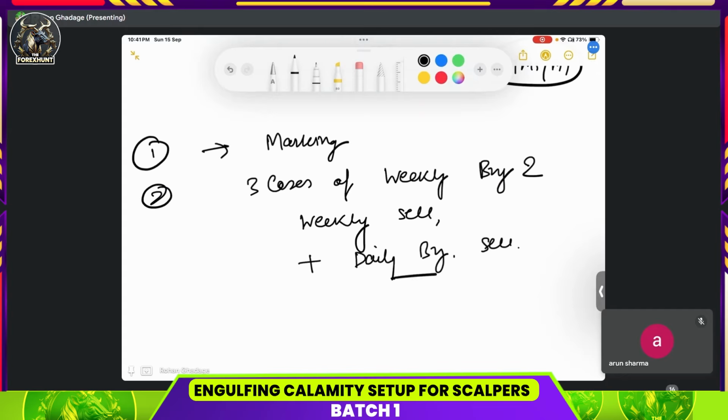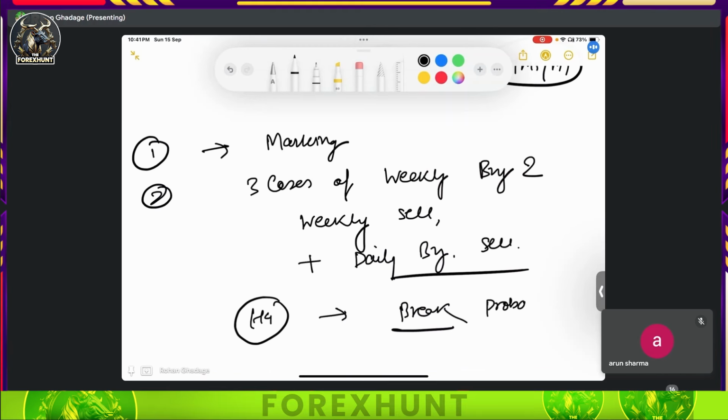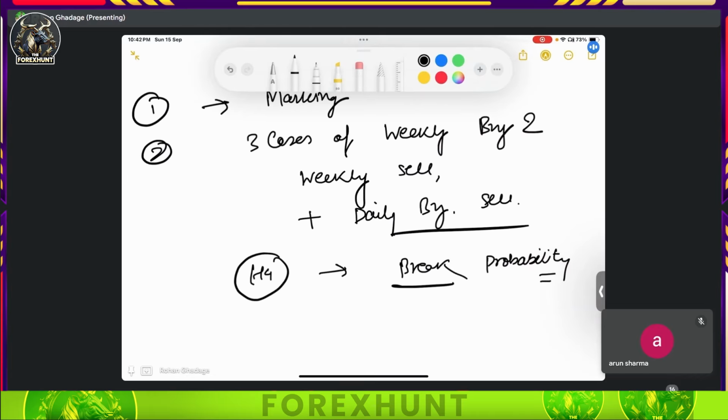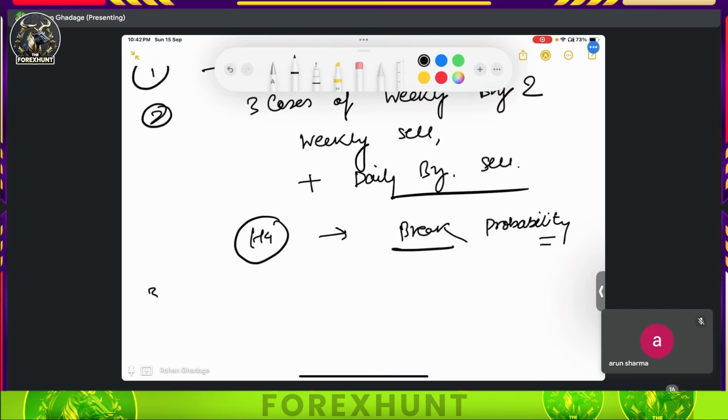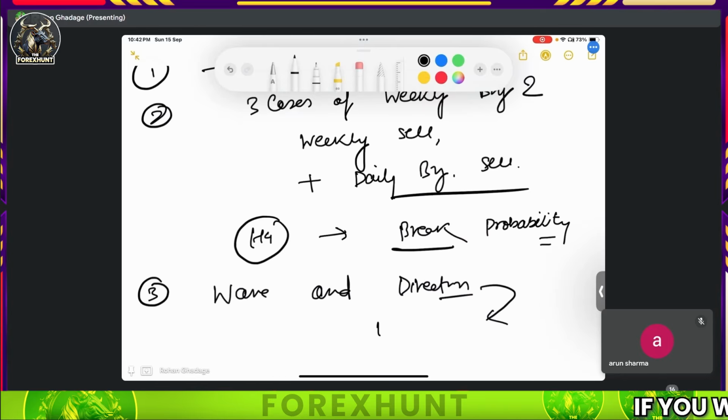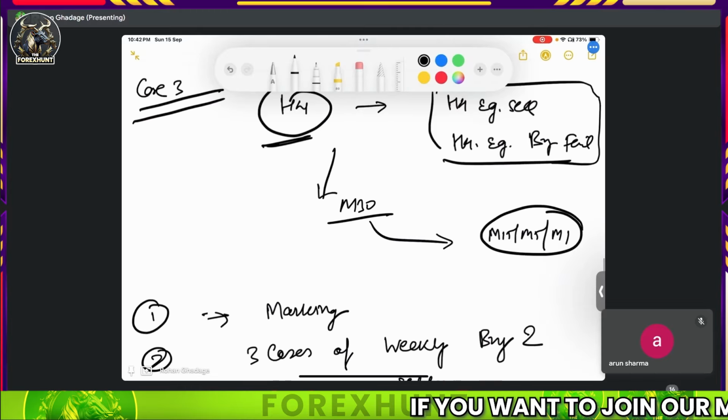We understood the H4 break probability, when H4 can break. H4 will break if you are taking trades in the opposite direction. We understood the wave and direction in daily, weekly, and monthly. So this is all for today.